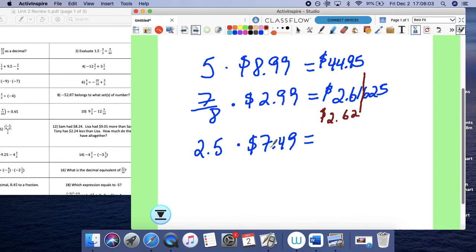And lastly, 2.5 times 7.49, 7.49 times 2.5. In this one you get 18.725 in your calculator. So if you round this, because you have to, the value you're going to be using is 18.73.